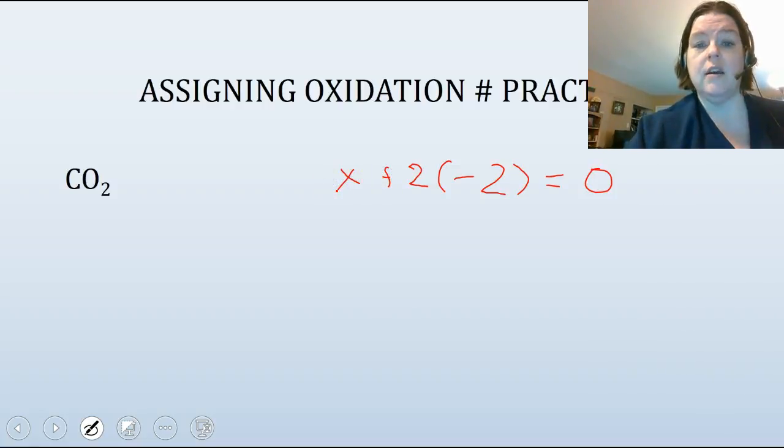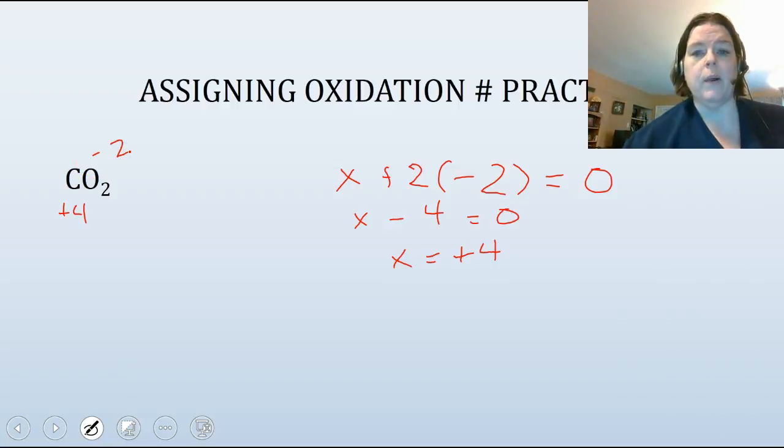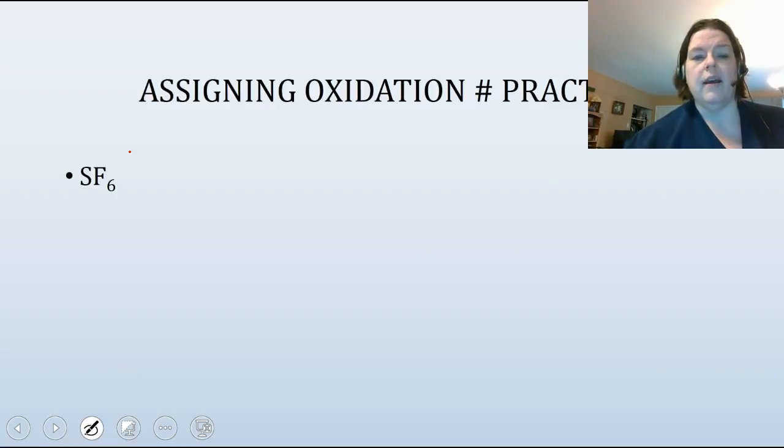So I put X plus 2 times -2, and the -2 comes from the oxygen, is equal to 0. So X minus 4 is equal to 0. So X is equal to +4. So that means the carbon has a +4 oxidation state while the oxygen has a -2. Okay, pretty simple, right?